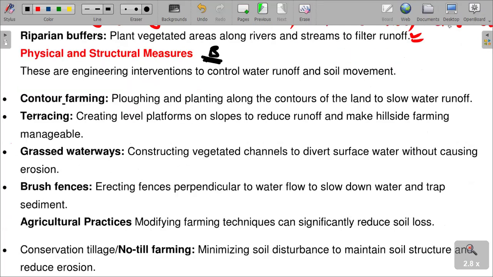And then we have physical and structural measures, which we can call B. These are engineering interventions to control water runoff and soil movement, which are mechanical ways of controlling water runoff and soil movement. Contour farming: plowing and planting along the contours of the land to slow water runoff.